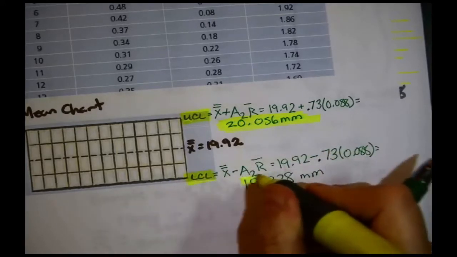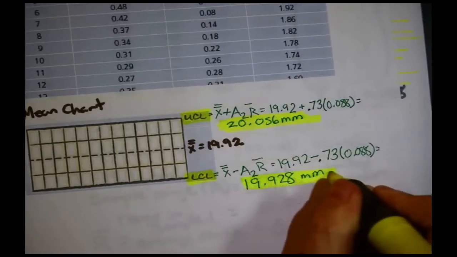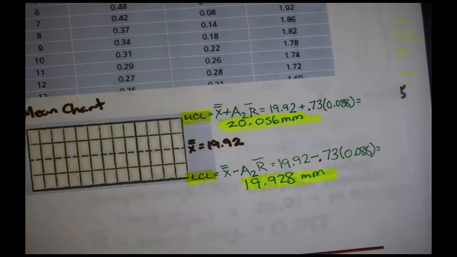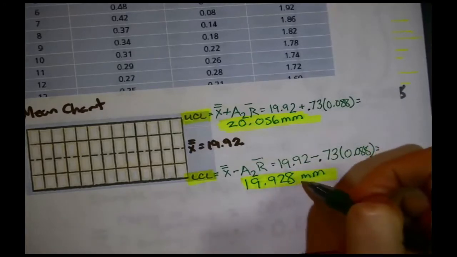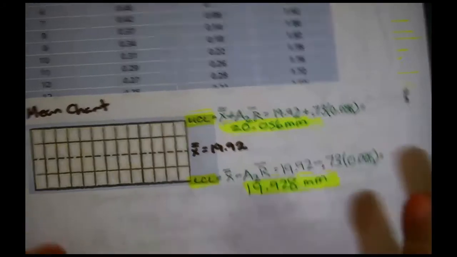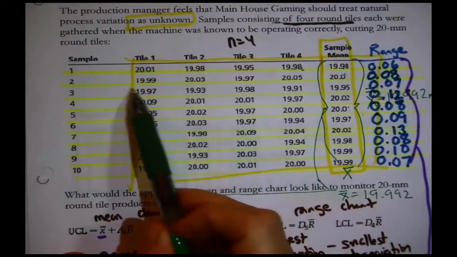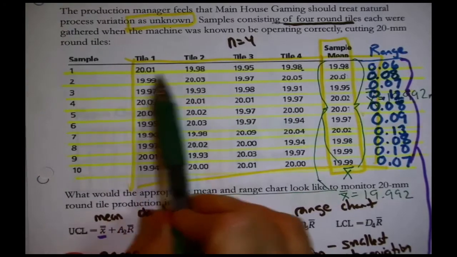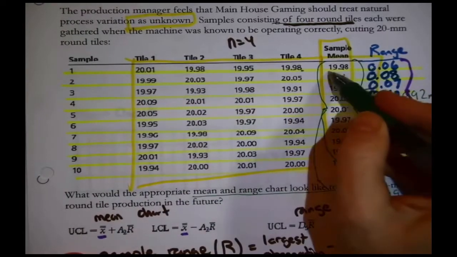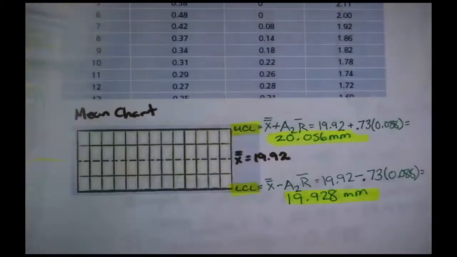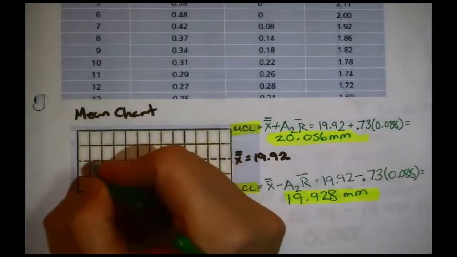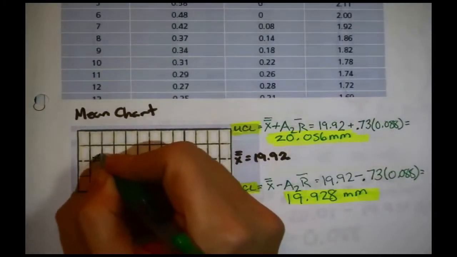The average of the diameters of 4 tiles picked at random should not be any skinnier than that. There. Now we have the mean chart. So in the future, someone would use this, right? If they had, for instance, pulled sample 1, it says sample mean 19.98, so when they plotted, it would be slightly above that.